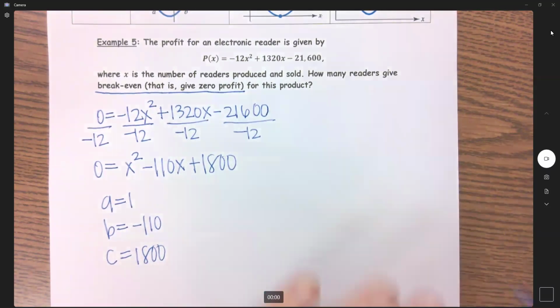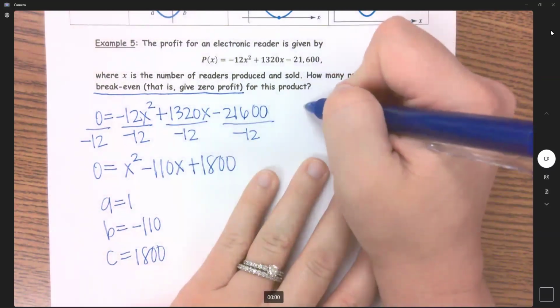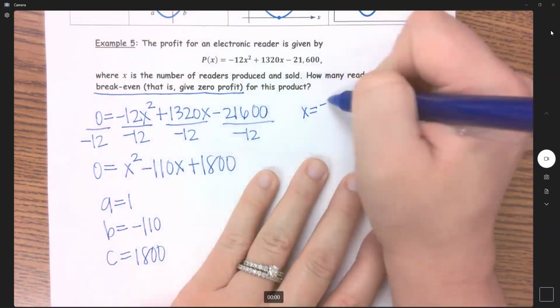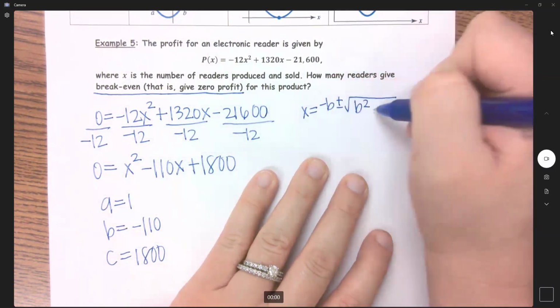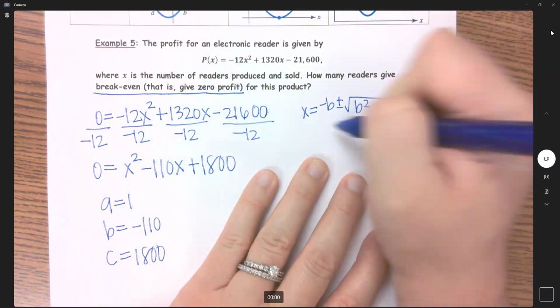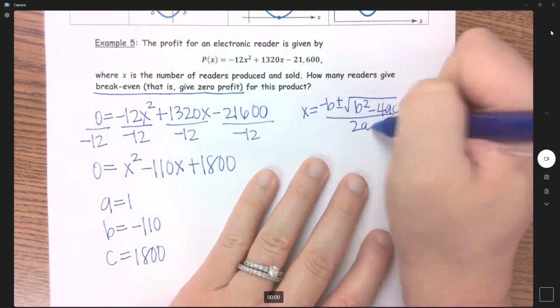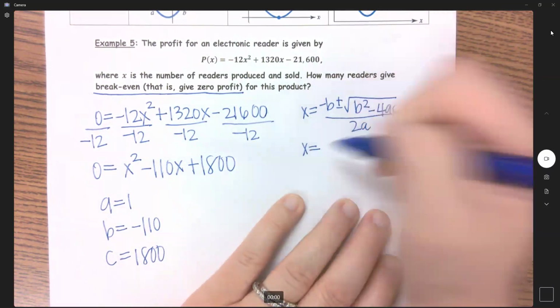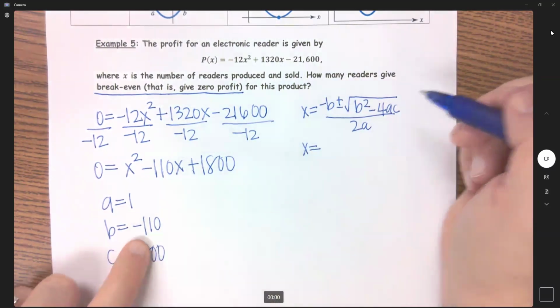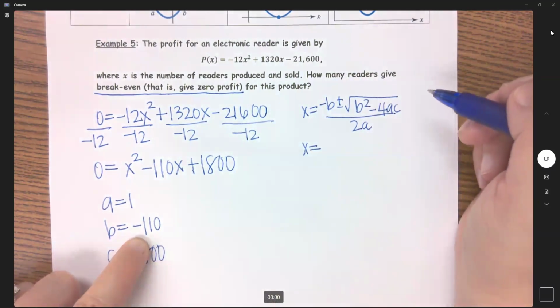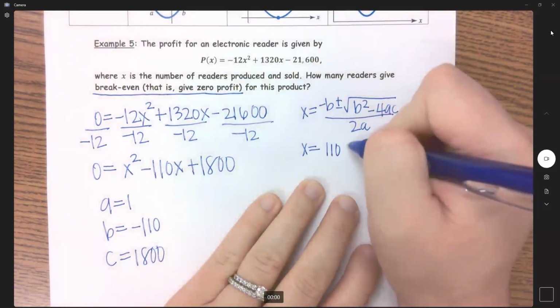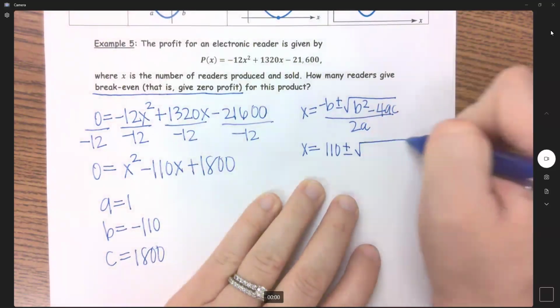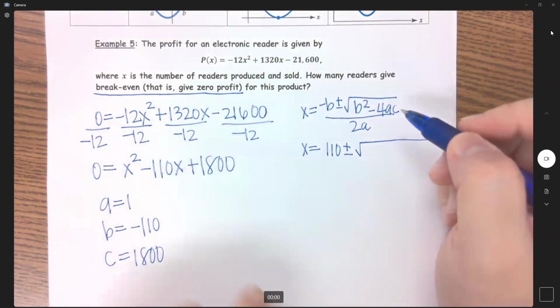I like rewriting my formula, so we've got x equals -b plus or minus the square root of b squared minus 4ac all over 2a. So -b, my b here is negative. -(-110) becomes +110 plus or minus b squared.